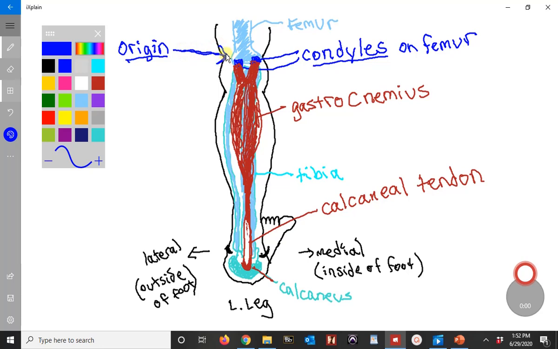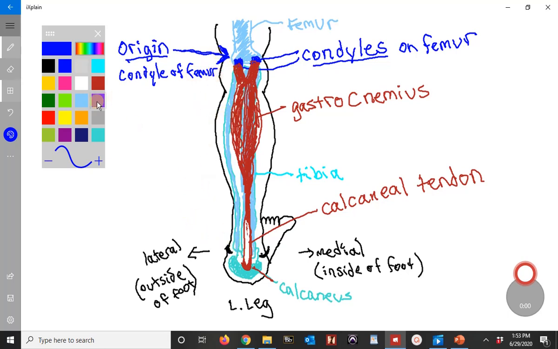Because if you flex your calf muscle in your leg, just flex it while you're sitting in there, it doesn't move your femur. It doesn't move your upper leg. It moves your foot. So your origin, the bone that does not move where it's attached, is the condyles of the femur.